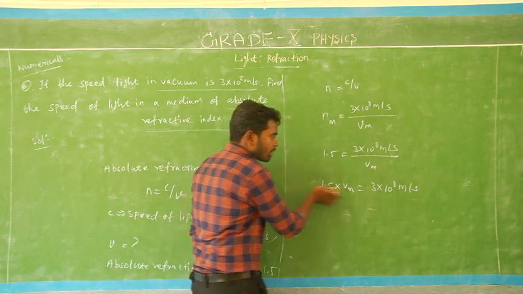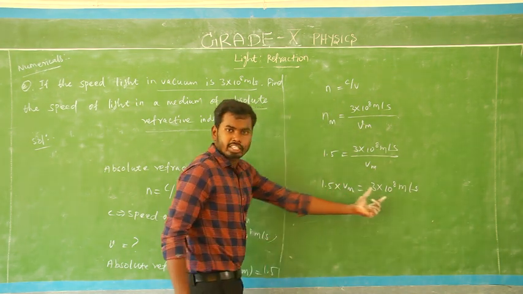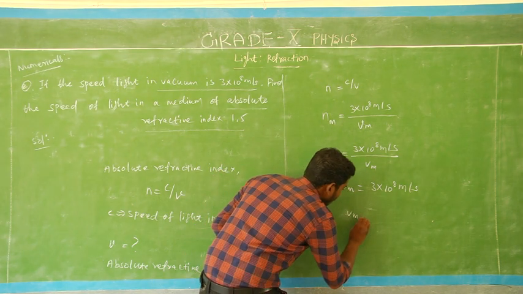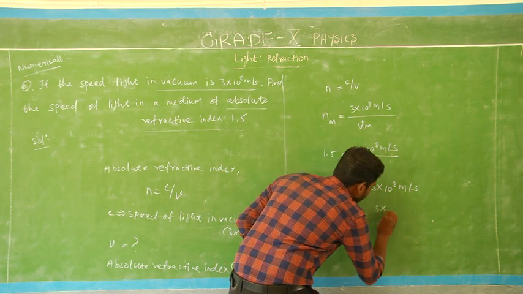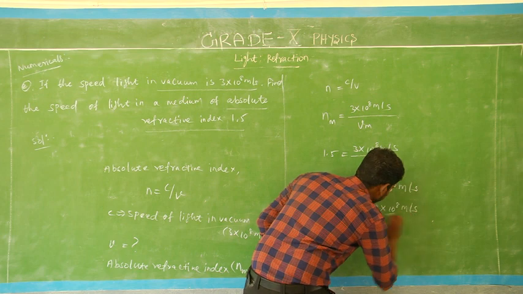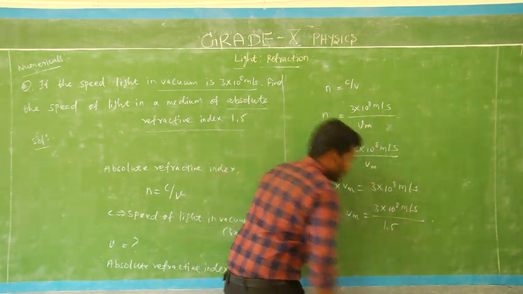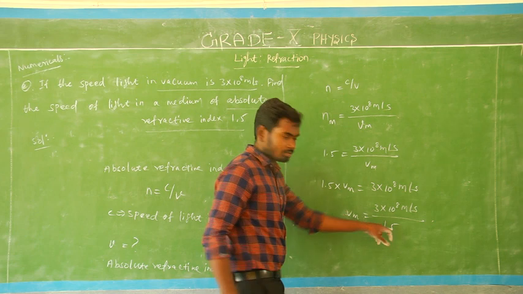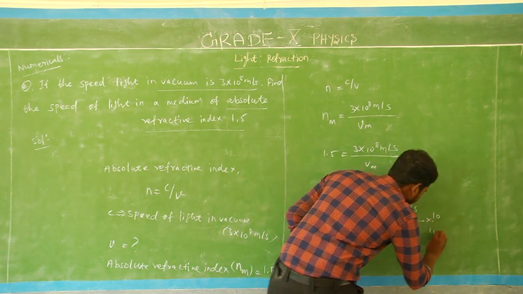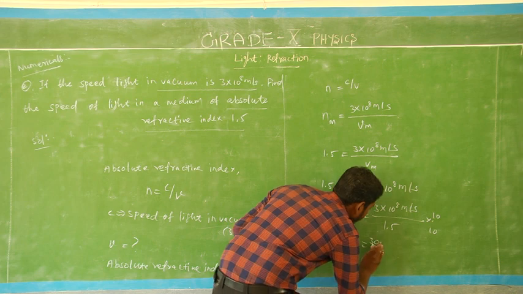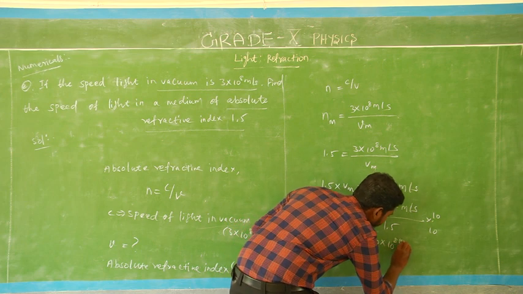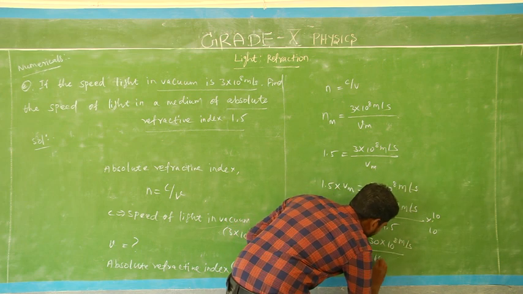When this multiplication moves across, it becomes division. So Vm is equal to 3 into 10 to the power of 8 meter per second divided by 1.5. Both are multiplied by 10, so we get 30 into 10 to the power of 8 meter per second divided by 15.